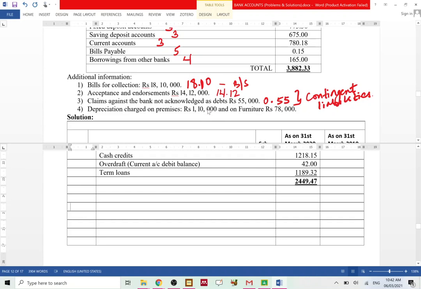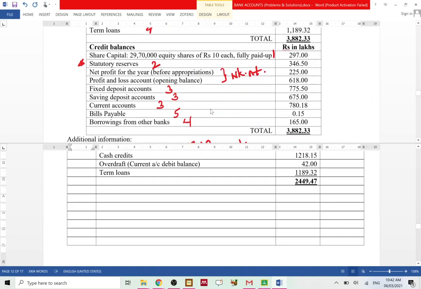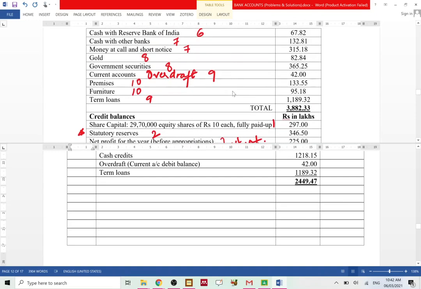They are not asking you to charge the depreciation. They're just saying that depreciation has been charged on the premises and furniture. That means these amounts which have been shown here are already after charging the depreciation. Do not minus the depreciation further from these amounts.